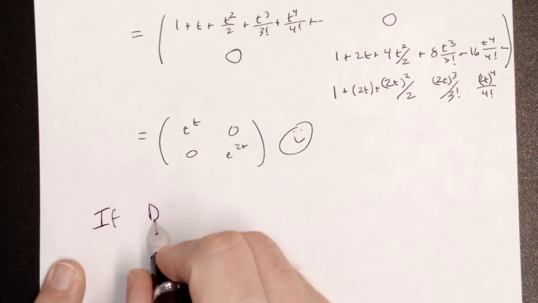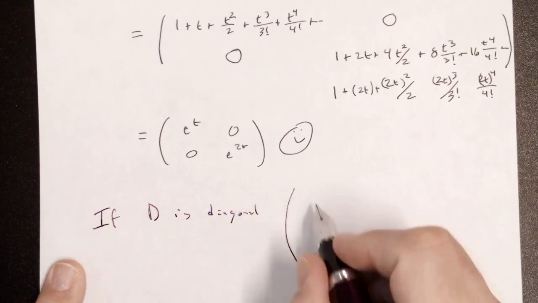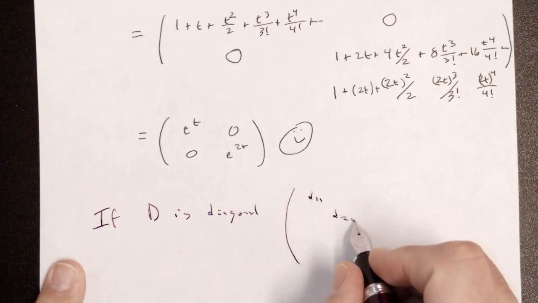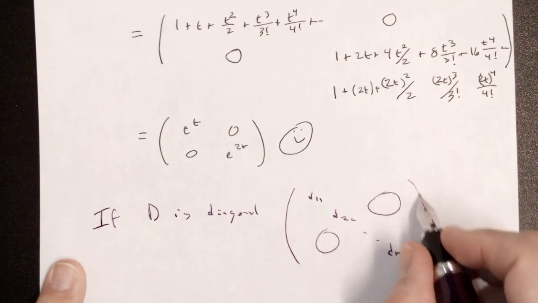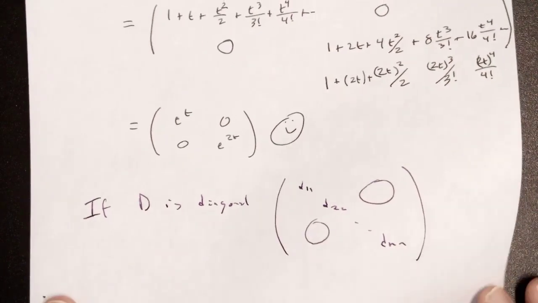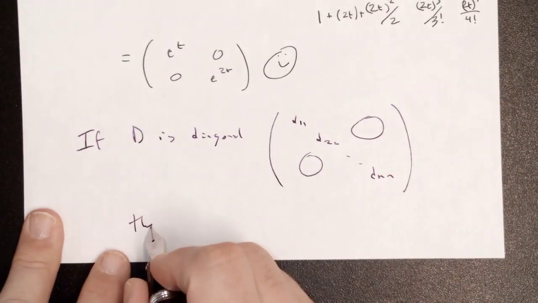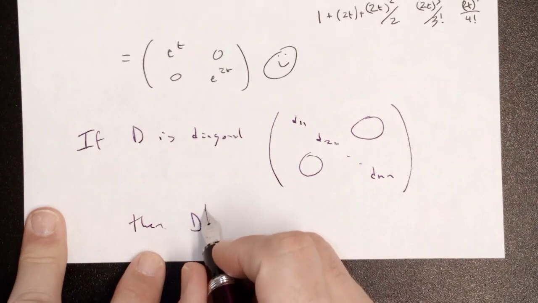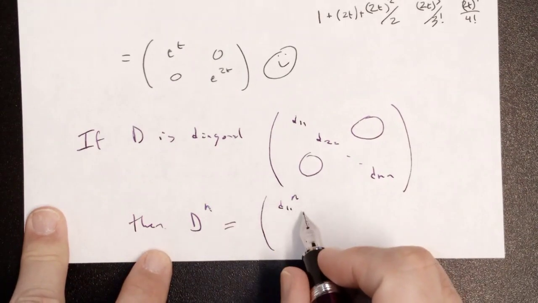If D is diagonal, and that means it looks like 0 everywhere except upper left to lower right, then D raised to any power just raises those numbers.